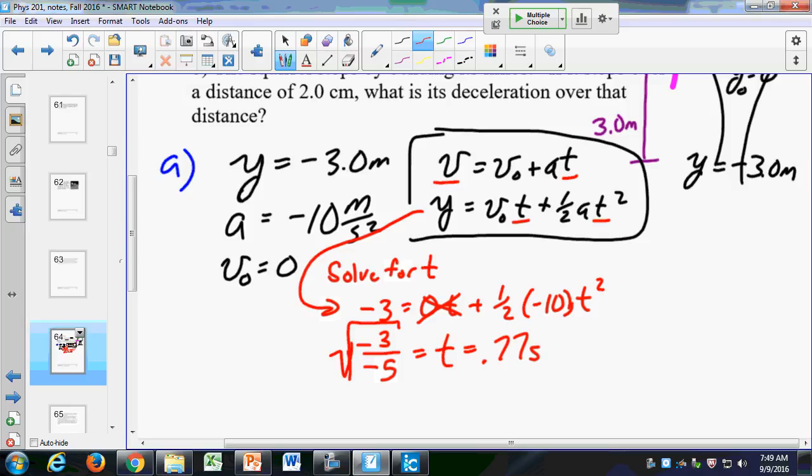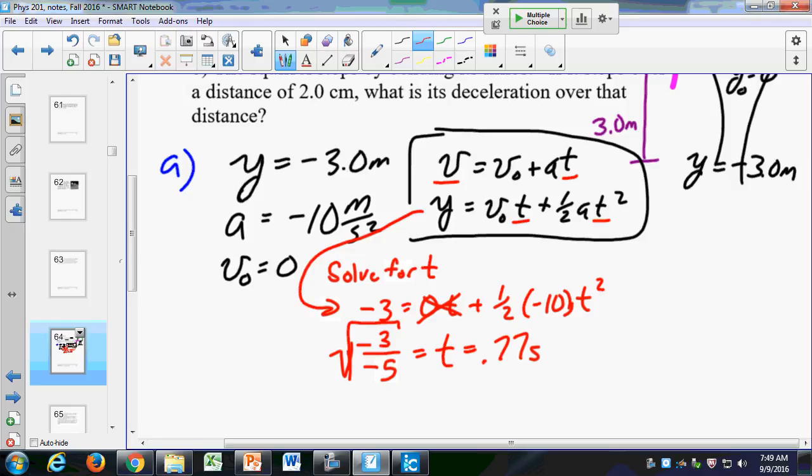Again, if you assign this as a positive value, then you would have a positive value here, and then you would have the square root of negative 3 over 5, which is an imaginary number. It would be like 0.77i. And we're not dealing with imaginary numbers, so if you get the square root of a negative number, you want to say, I need to go back and check what I've done, that I have some problem in my algebra, and where I've assigned signs.